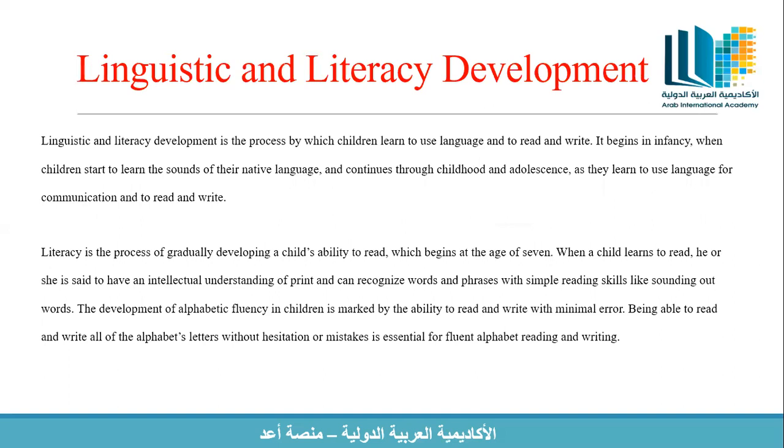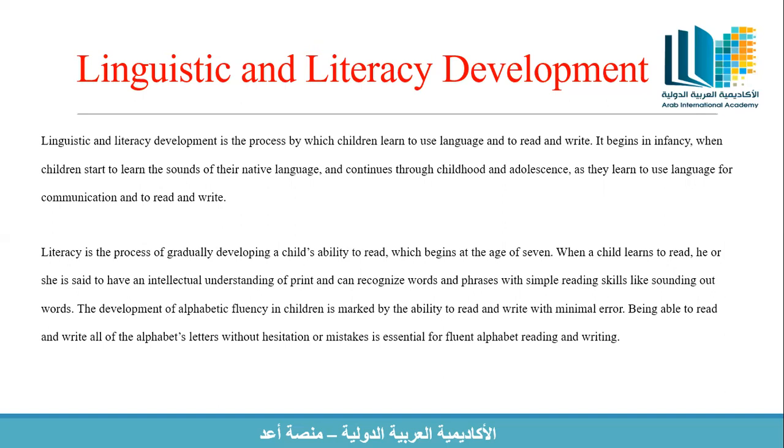After this introduction, we move to what we call linguistic and literacy development. So how do we develop that kind of literacy? Linguistic and literacy development is the process by which children learn to use language in order to read and write. This starts with infancy, when they are very young, when children start to learn the sounds of their native language.